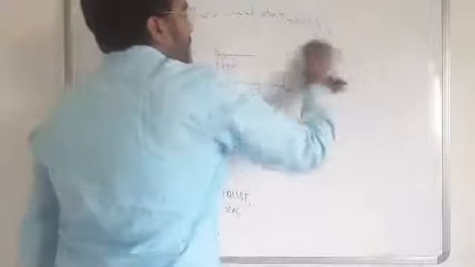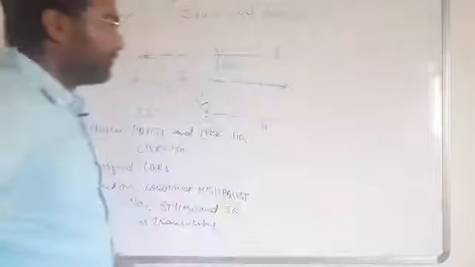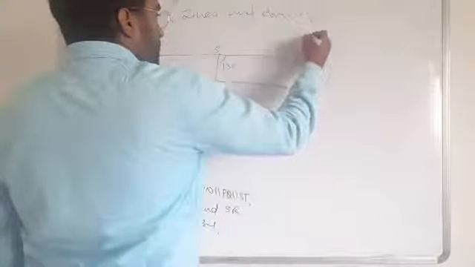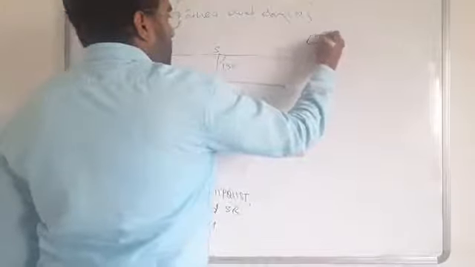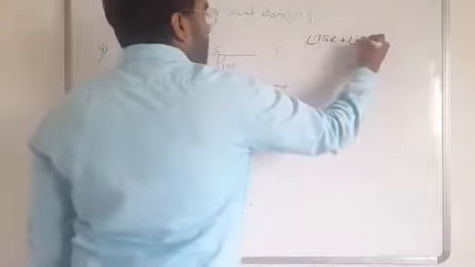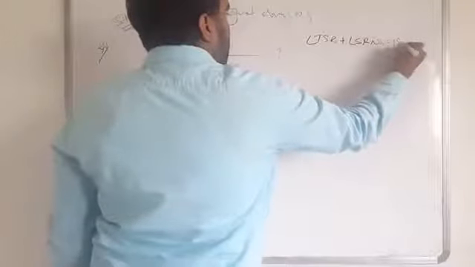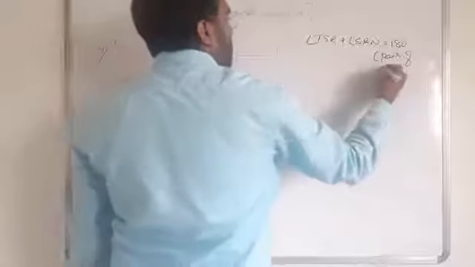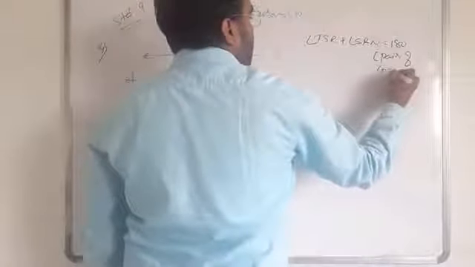So we write: therefore angle TSR plus angle SRN is equal to 180 degrees, pair of co-interior angles.